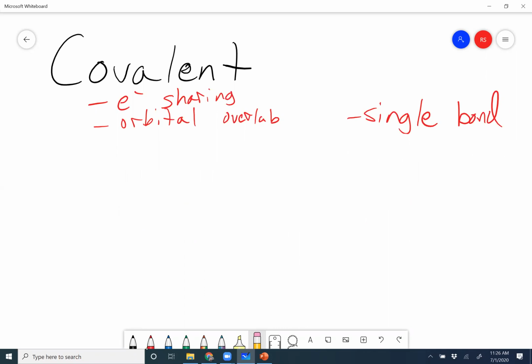So what's an example of a double bond? Let's look at sulfur. Sulfur has 6 electrons in its valence shell. And if the only thing around is another sulfur, then they have no choice but to bond together.